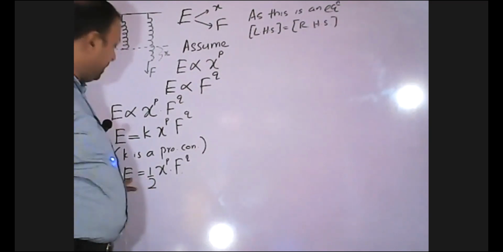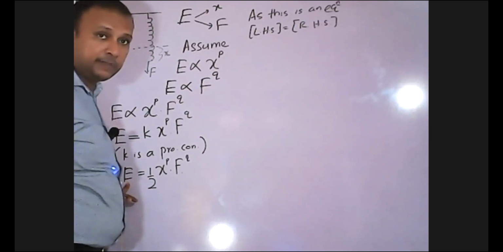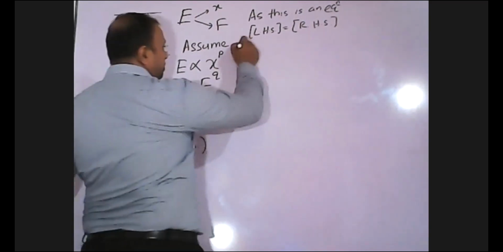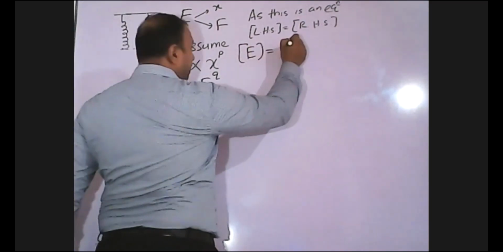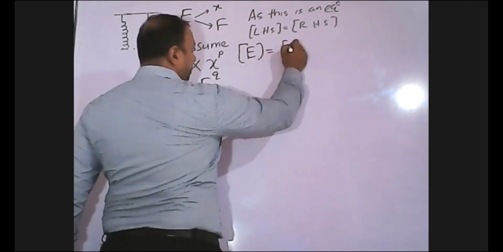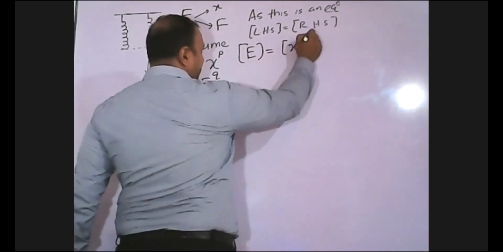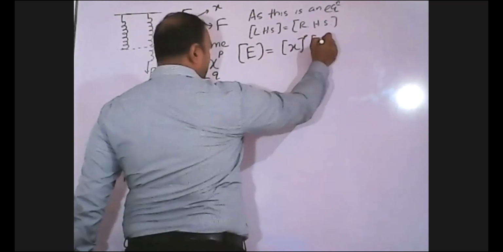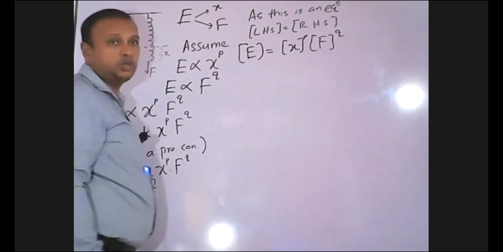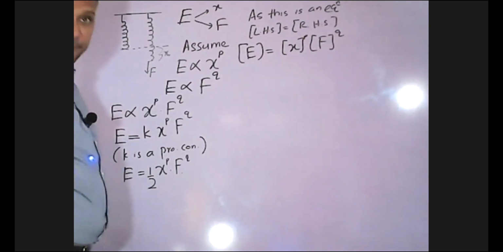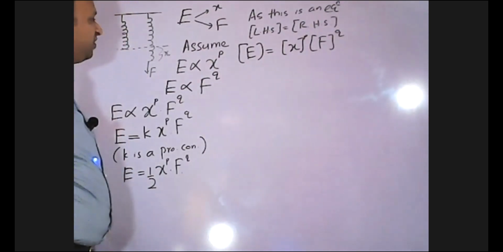So LHS here is a potential energy. Here I have x, it is a length. F, it is a force. So you have to apply the dimension of each and every physical quantity.